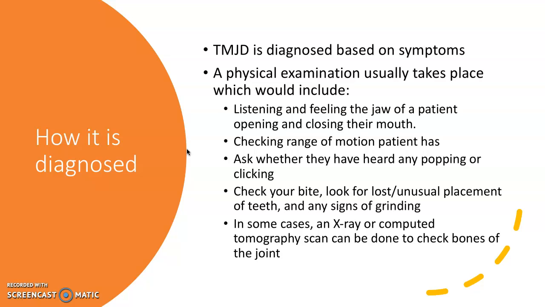They will ask whether they've heard any popping or clicking when they open or through just any activity with their mouth. They will check their bite, which will essentially look for lost or unusual placement of teeth or any signs of grinding, which can occur at night. In some cases, an X-ray or a computed tomography, or CT scan, can be done to check the bones of this joint.